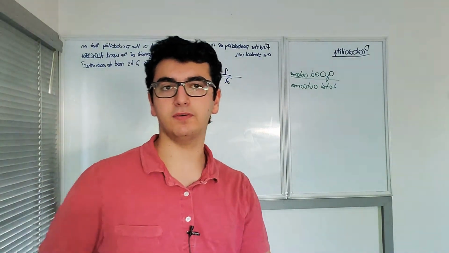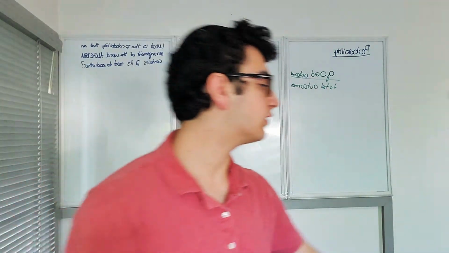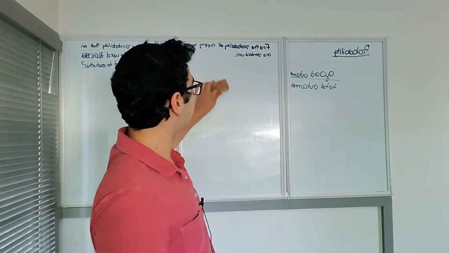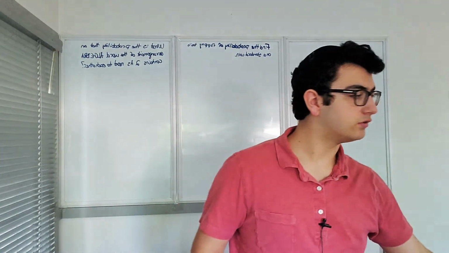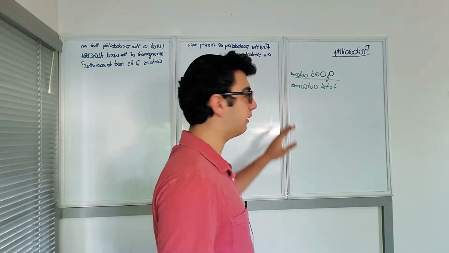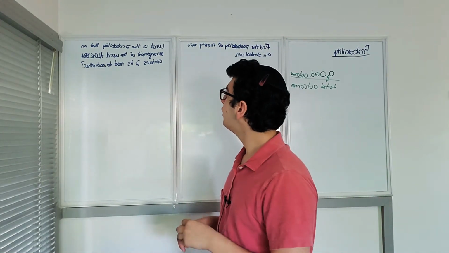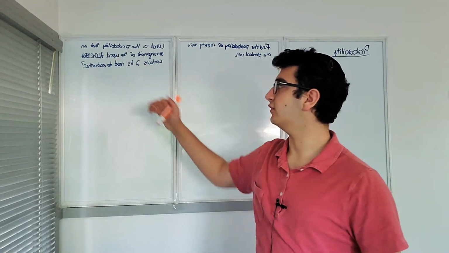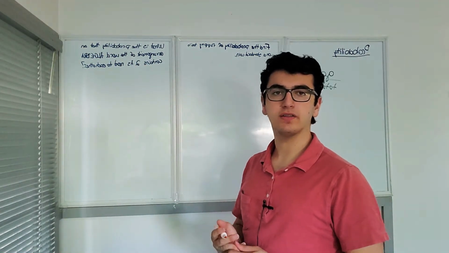Now we're going to move on to a much more difficult problem. But you're going to see that it's really just going to be using that method. We're going to find the probability that an arrangement of the word algebra contains 2 A's next to each other.